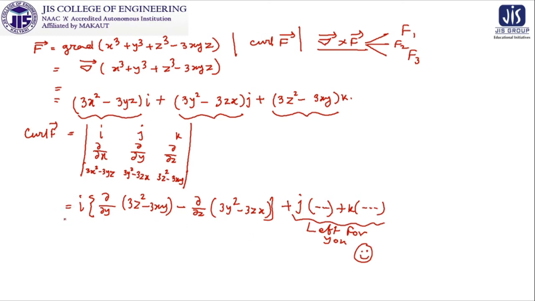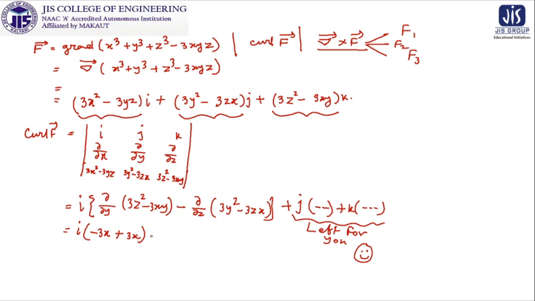Clear? I am just going to show you the answer associated with i. So if you differentiate partially with respect to y, you simply get minus 3x, and then there is a minus sign, del z, minus minus plus will come, this will contribute 0, so it will be 3x.